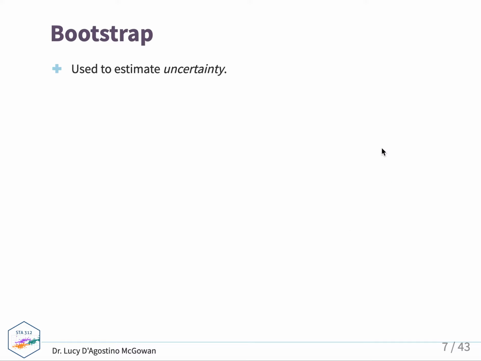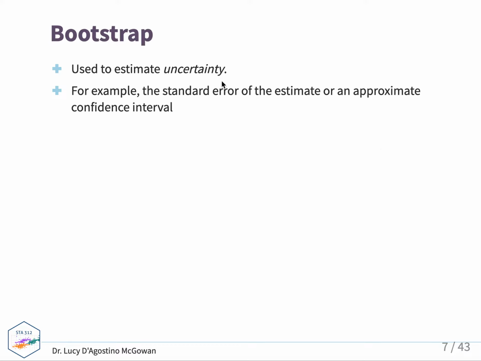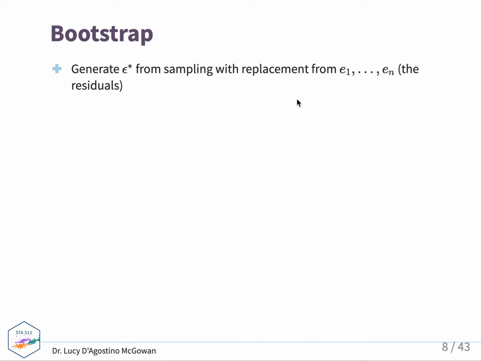This bootstrap is used to estimate uncertainty, for example, the standard error of an estimate or an approximate confidence interval. And the way we would do this is quite close to the simulation method with some key differences. If you remember, in the simulation method, we were drawing the error terms epsilon from the known error distribution.